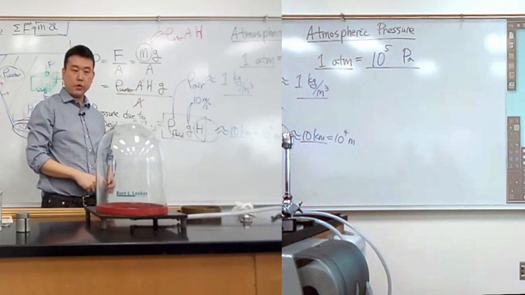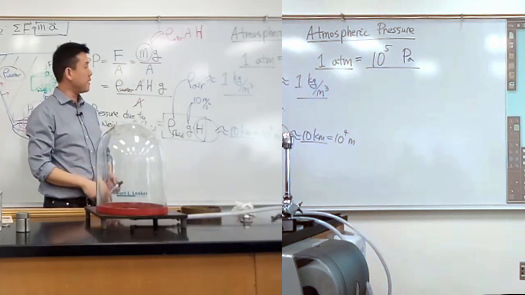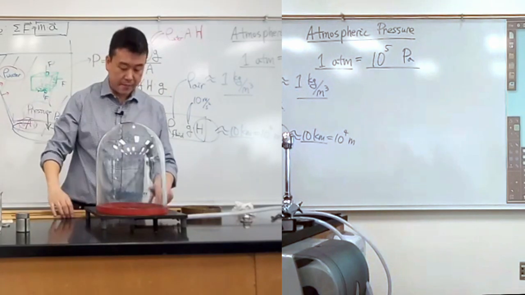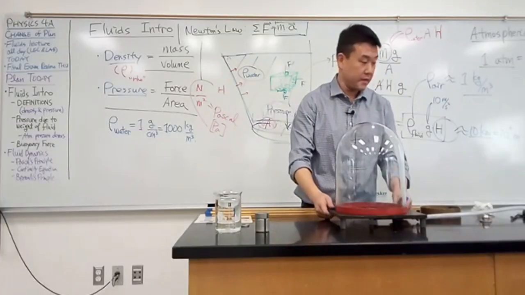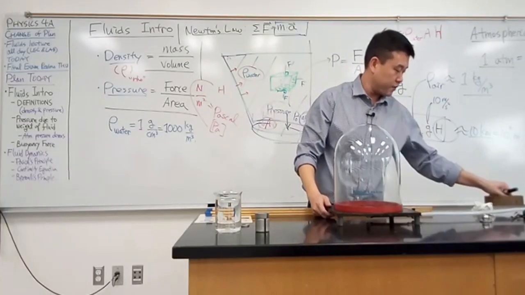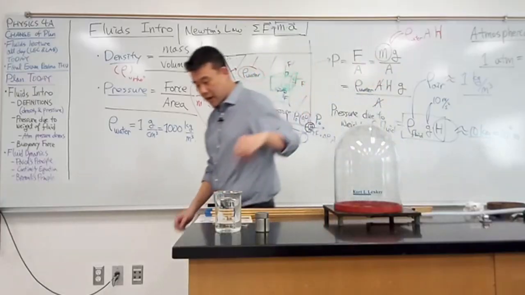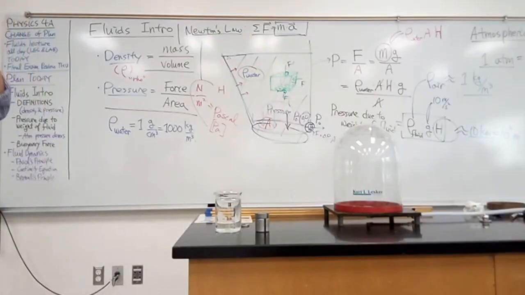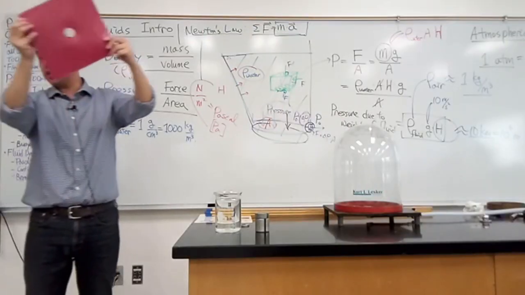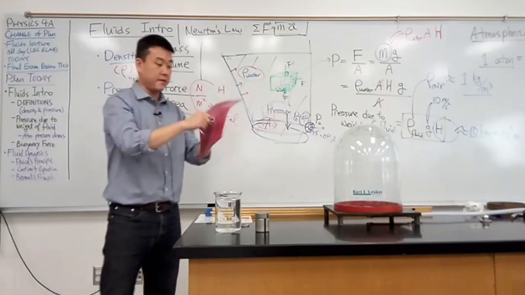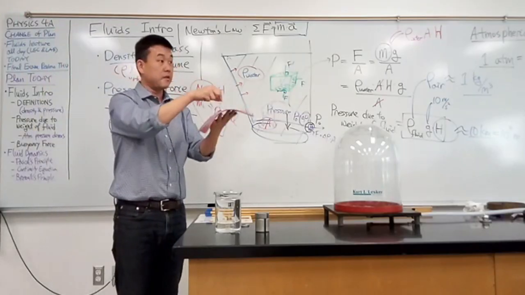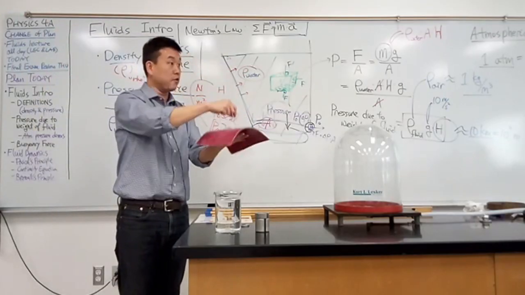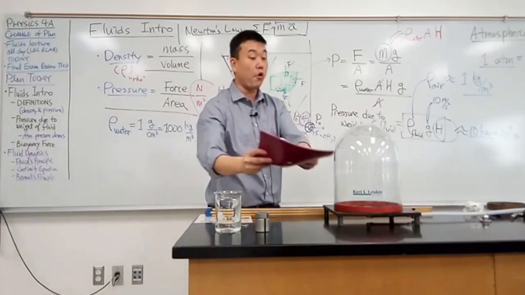Doesn't really strike you how big a number that is until you estimate some amount of force. I was having some of you do this demo, and you can play with this after class if you want. This is the demo I got about a year ago to illustrate the strength of atmospheric pressure. This is nothing special, it's just a rubber sheet. The only thing that's special about it is there's a handle attached to the middle so that I can apply a fair amount of force without lifting a corner.